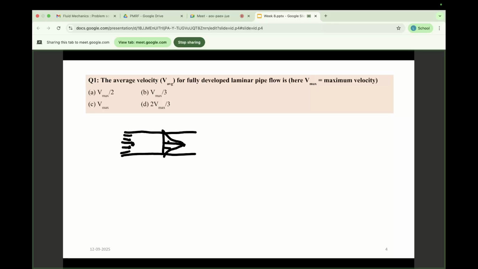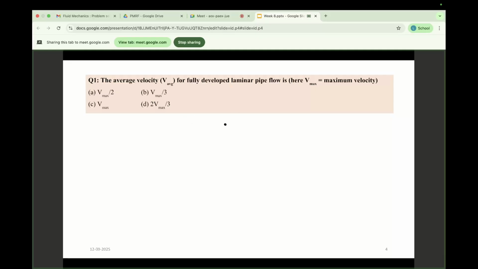That nature is observed after the fluid is traveling a certain distance. So how do you get to know if the fluid is fully developed? You have to check its velocity profile. If you find that it's parabolic, then it is a fully developed flow. Okay, so that is the thing.